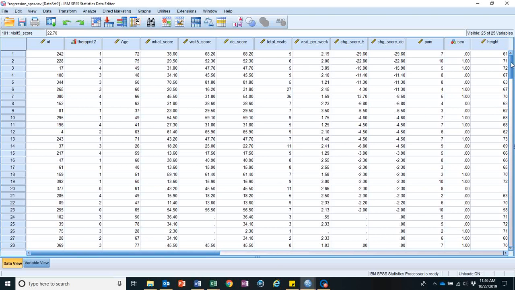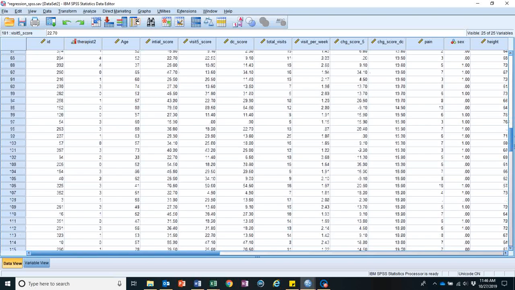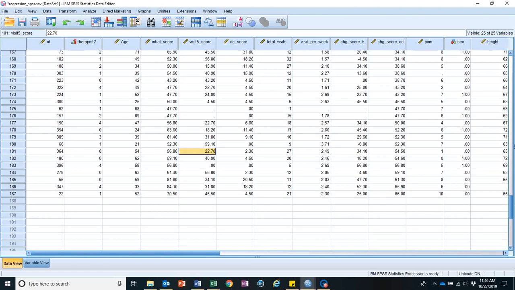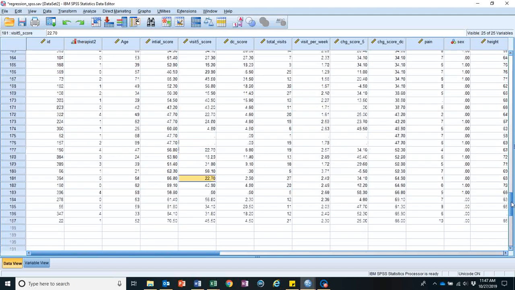Now this is more data, so this is 187 patients, and when we're doing prediction models and regression models, it's really helpful if you want to experiment on a lot of variables or figure out what's going on with a lot of variables. You need many more subjects than you have variables.